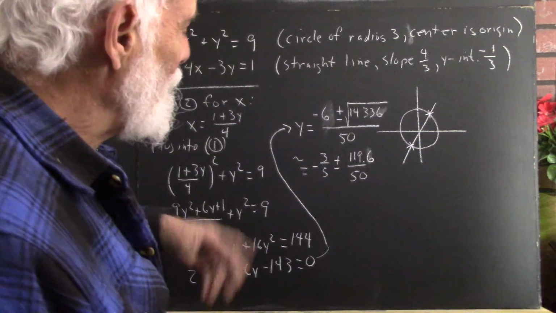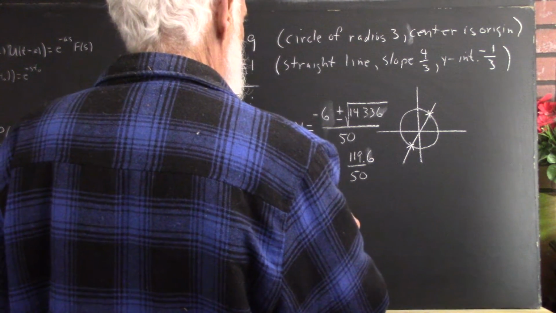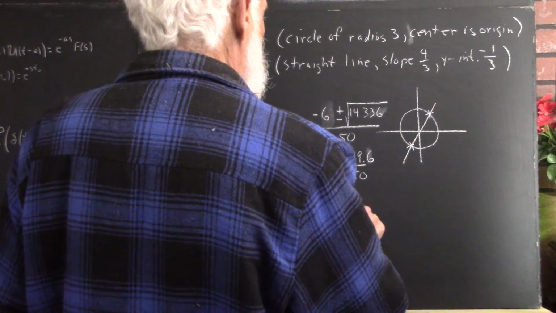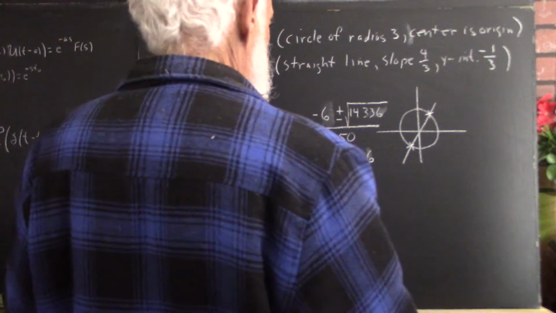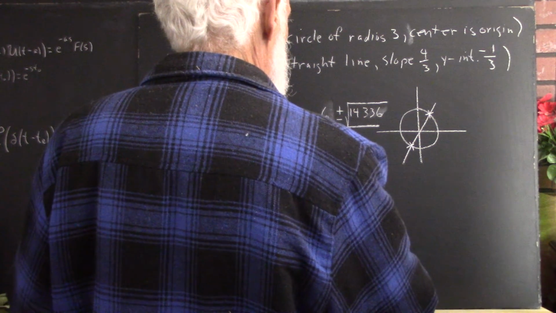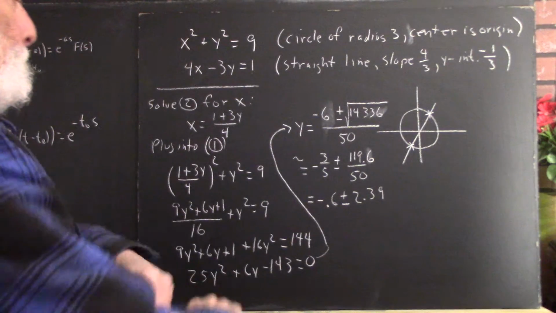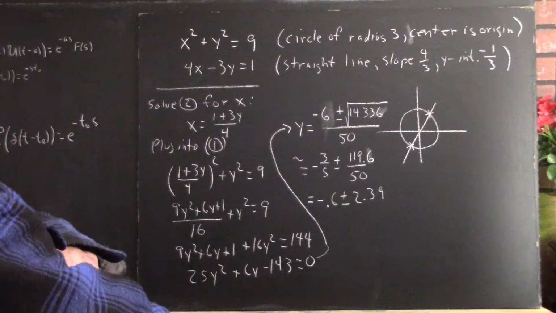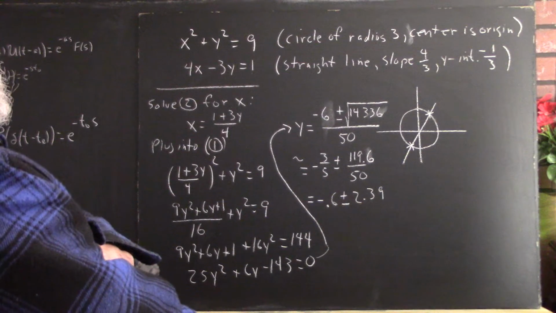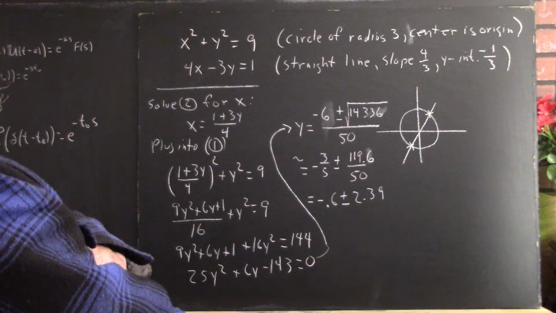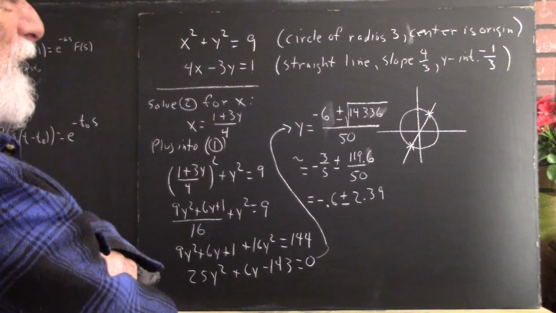Okay. And then dividing that, that's about negative 0.6 plus or minus 2.39. That doesn't seem to work real well. That would give us like a negative 2.99.